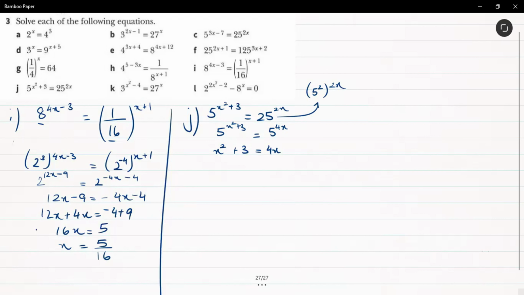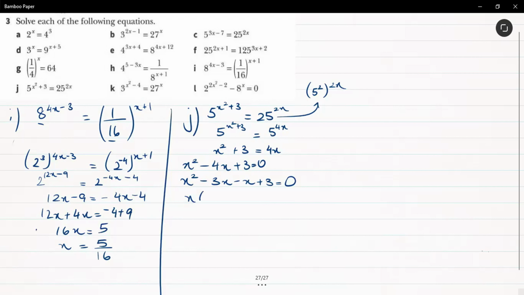Oh, that's why, in the later part, it's a quadratic equation. So x squared minus 4x plus 3 is equal to 0. I'm going to solve this quadratic equation. What would be the factors of 3? It's 3 and 1. So x squared minus 3x minus x plus 3 is equal to 0.